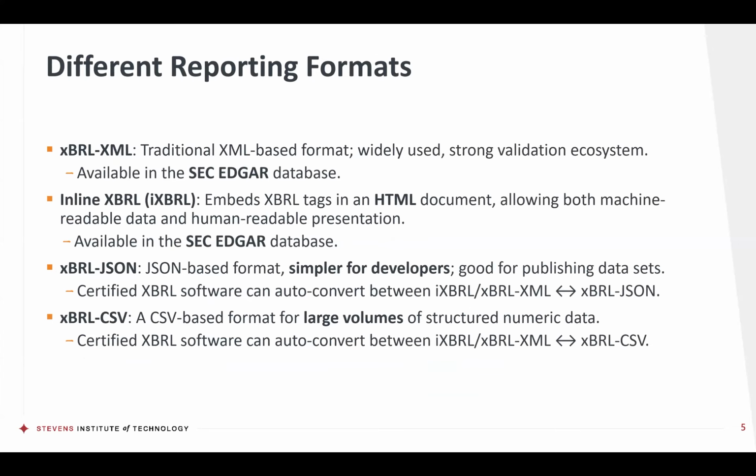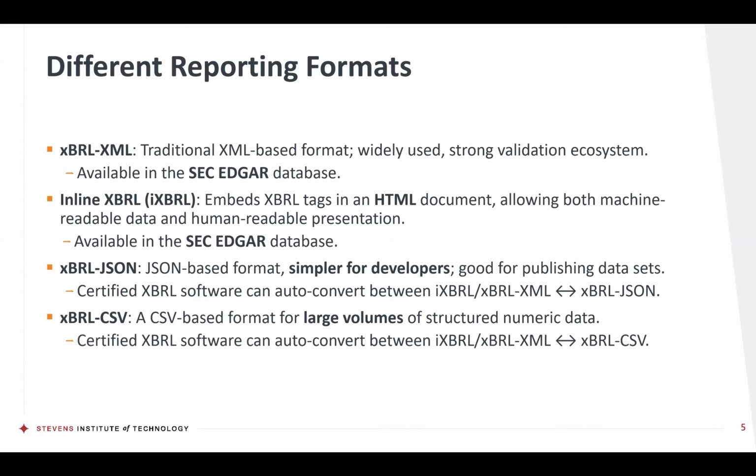Different reporting formats. XBRL can appear in different formats. XBRL XML is the original XML-based approach, known for strong validation. Inline XBRL or iXBRL embeds XBRL tags within an HTML report document, which is helpful when you want both human-readable and machine-readable outputs in one file.